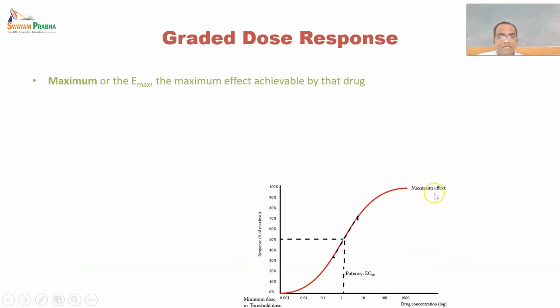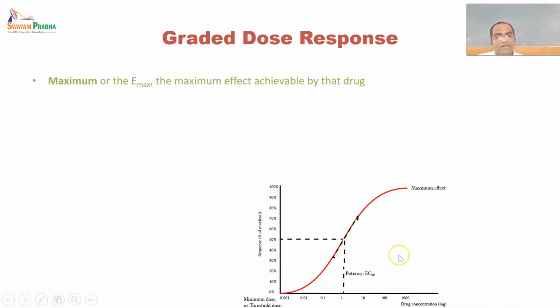Here you can see the maximum effect. It is 100%, and beyond this the graph cannot move. The sigmoid shape now forms a plateau over here. The meaning of plateau is that even if we increase the concentration of drug, there will be no change in the effect.